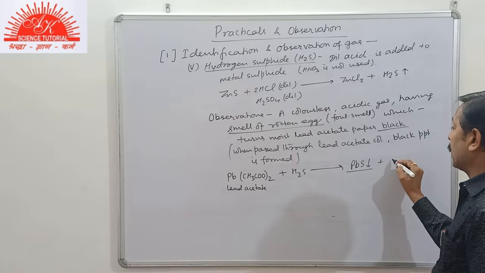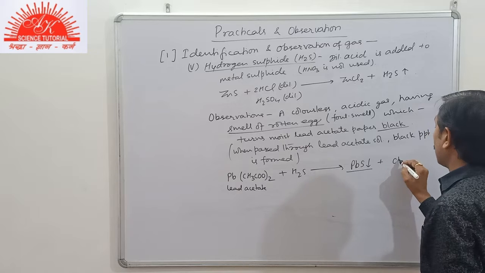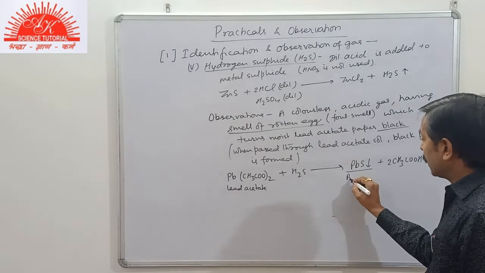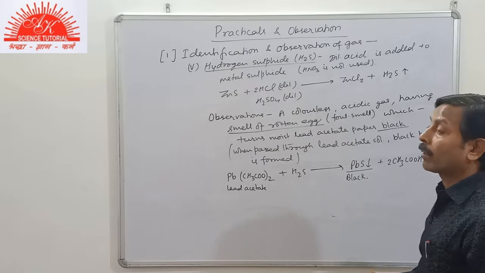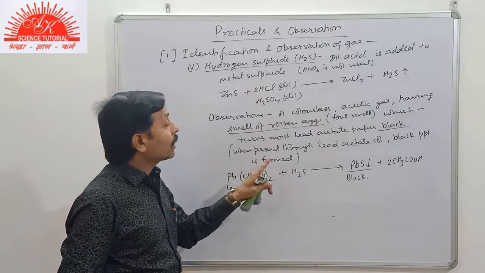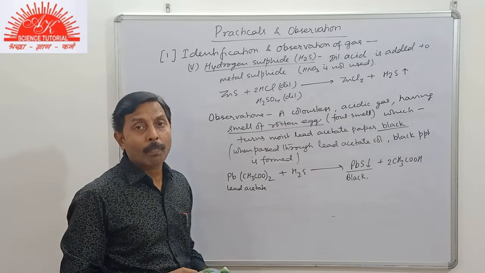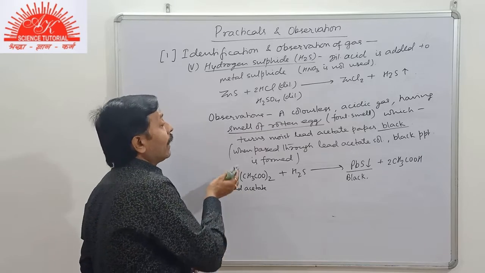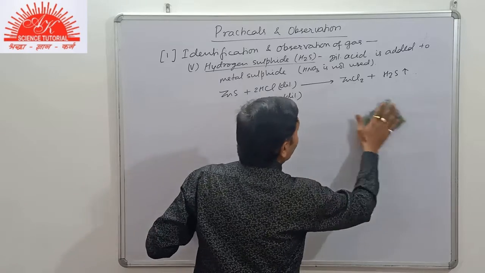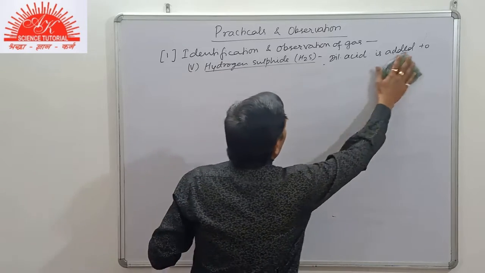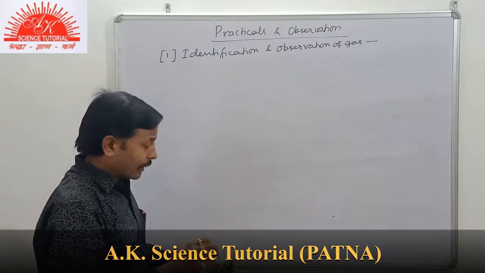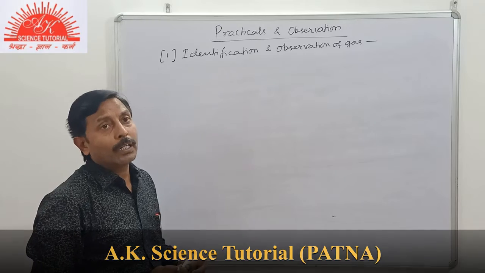This is the black precipitate and hydrogen will be added to the acetate part, giving you acetic acid. So this is the test for hydrogen sulfide gas. Hydrogen sulfide gas has no effect on potassium permanganate solution. So we also use this test, but this was the secondary test. The first test was sufficient to describe it.